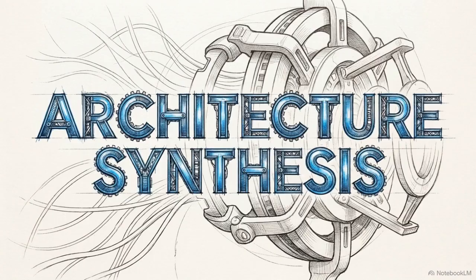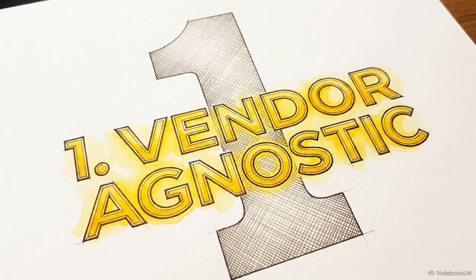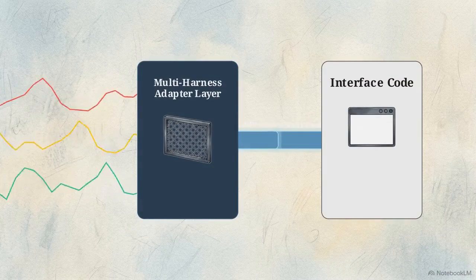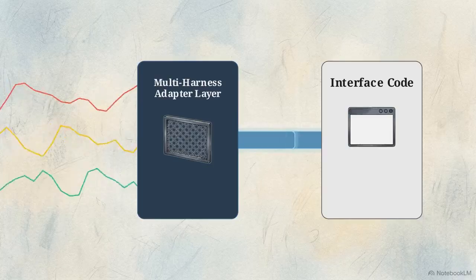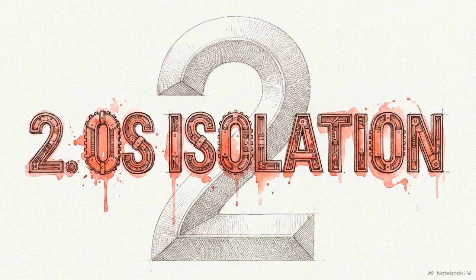This deconstruction leaves systems architects with 3 fundamental principles for building production-grade AI infrastructure. First, universal adapter normalization solves vendor lock-in. Enforcing a strictly typed event stream ensures your interface code remains stable no matter which backend model you deploy. Second, true execution security requires kernel-level OS sandboxing and declarative code policies.